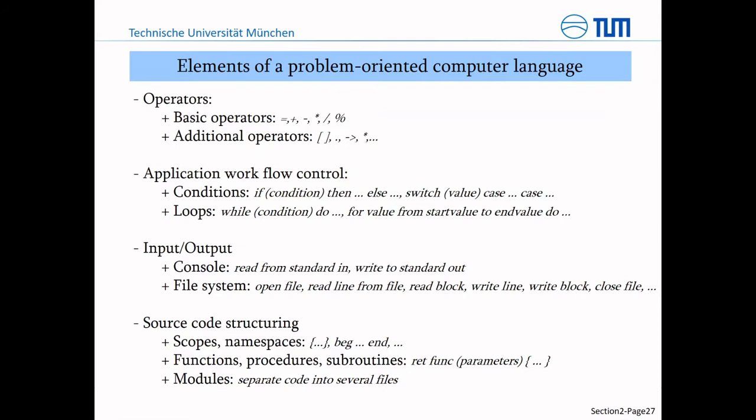And of course, they must have possibilities to do an input and an output, so that you can get in contact with the external world, so that your user or your customer can enter some things or can give you a file with data so that it can do processing. So input-output control is also very essential.